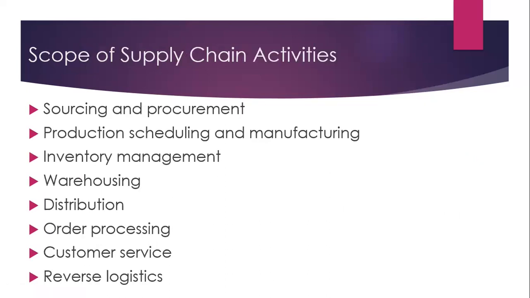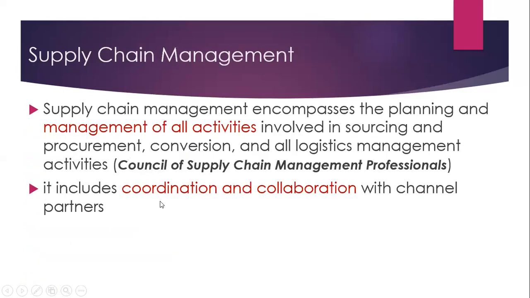Then what are the supply chain activities? These are various activities. One is sourcing and procurement of raw material, then production, scheduling, and manufacturing, then inventory management, warehousing, distribution, customer order processing, customer service, and sometimes reverse logistics, as I have discussed before.